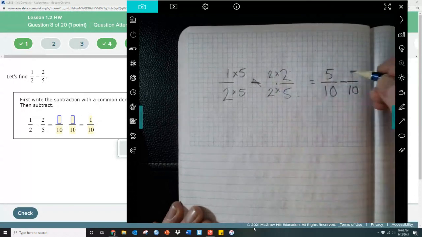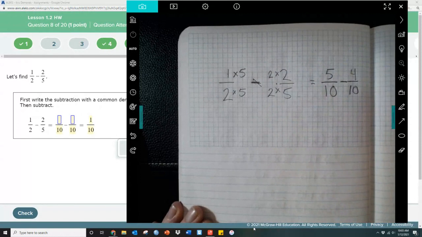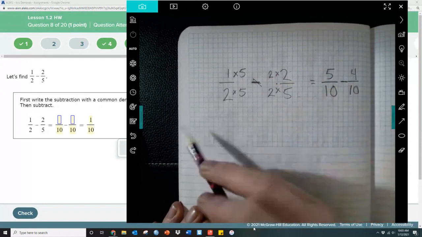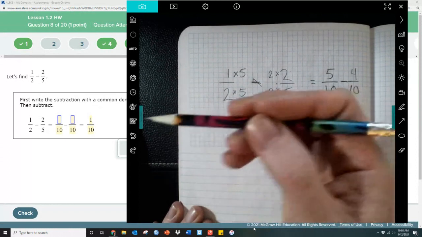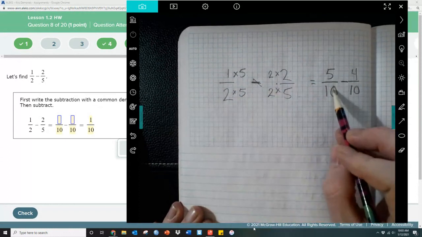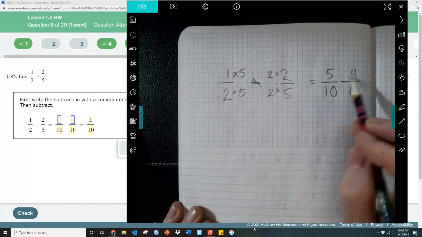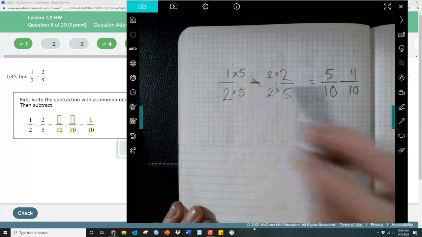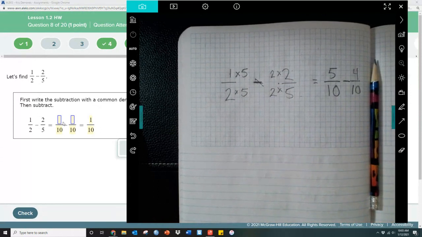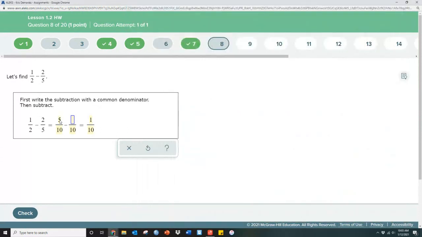And then 2 times 2 is 4. That's what we're looking for, the top 2 numbers of that, which is over there. So I came up with 5 and 4 because whatever I do to the bottom, I must do to the top. And then 5 minus 4 is 1, which is what they're looking for.